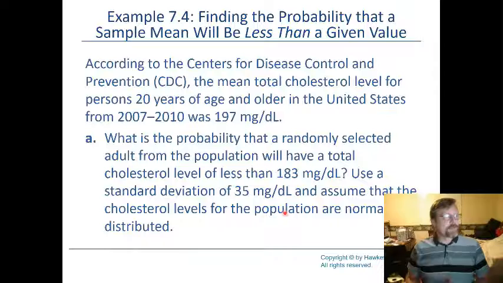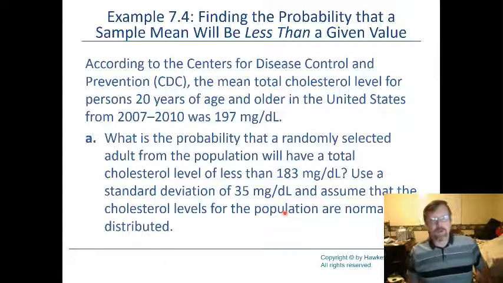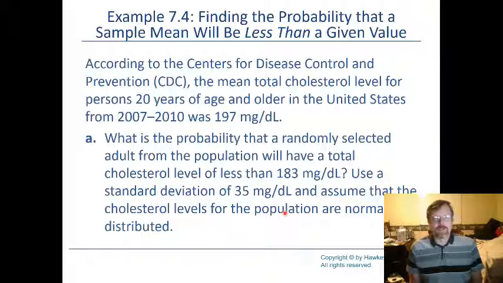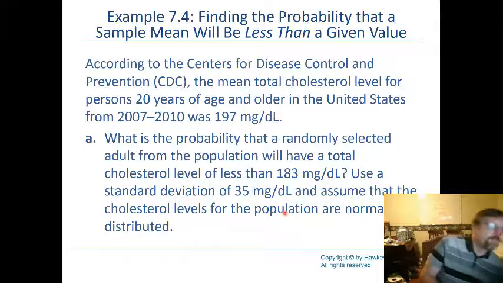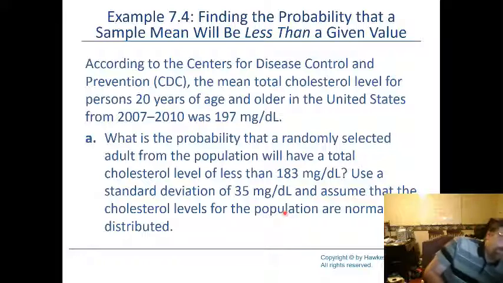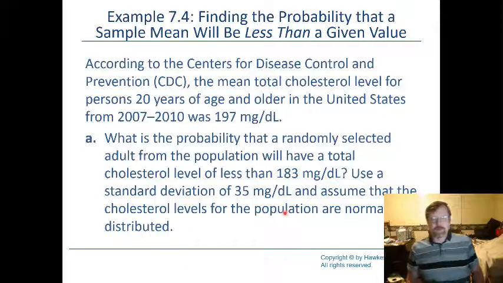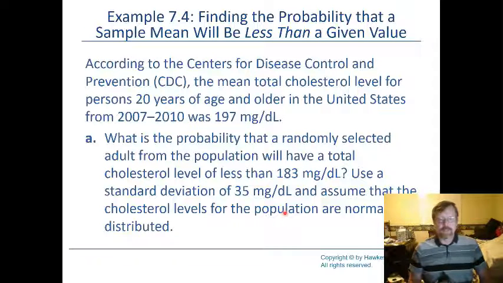So, first question is, what is the probability that a randomly selected adult, so one person, from the population will have a total cholesterol level of less than 183 milligrams per deciliter? And we use a standard deviation of 35 milligrams per deciliter and assume a normal distribution for the population.